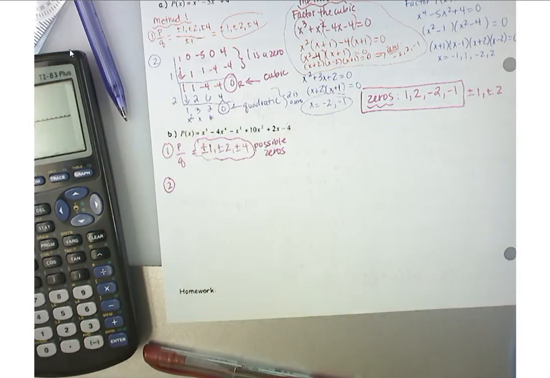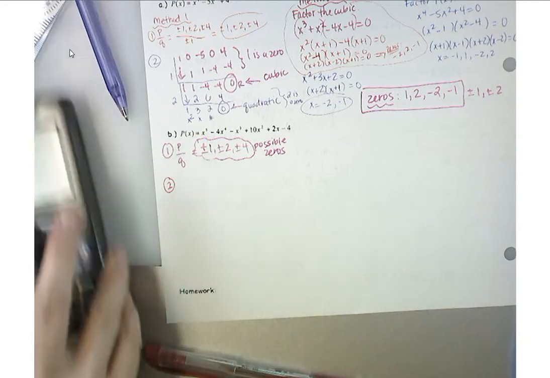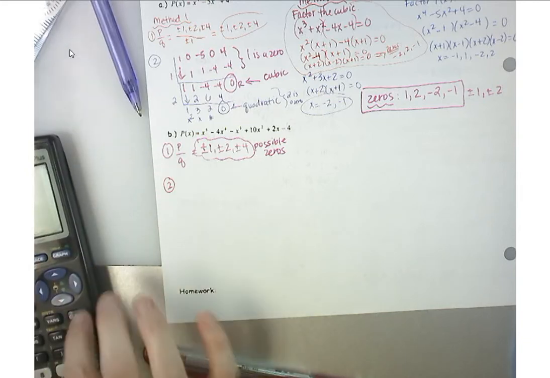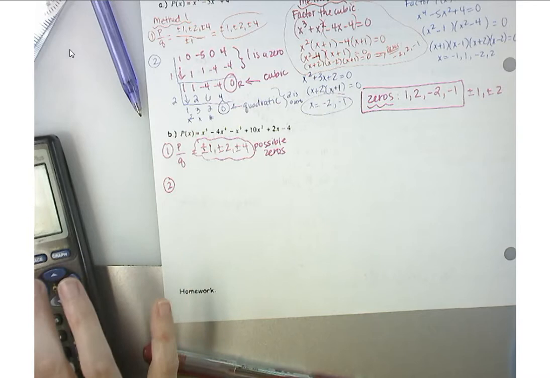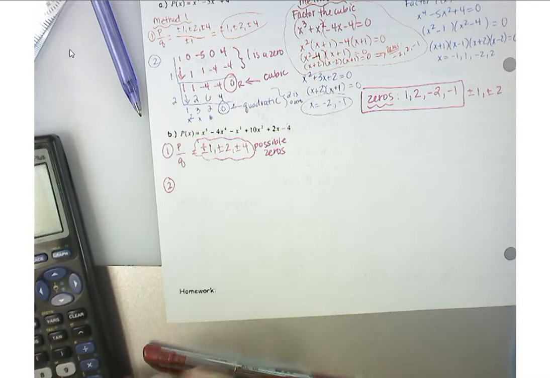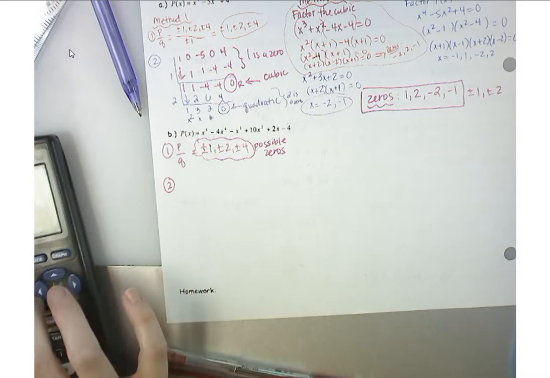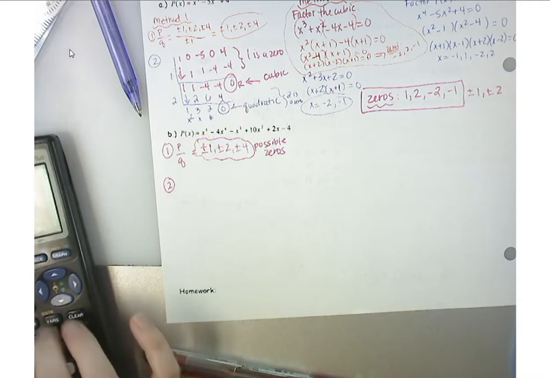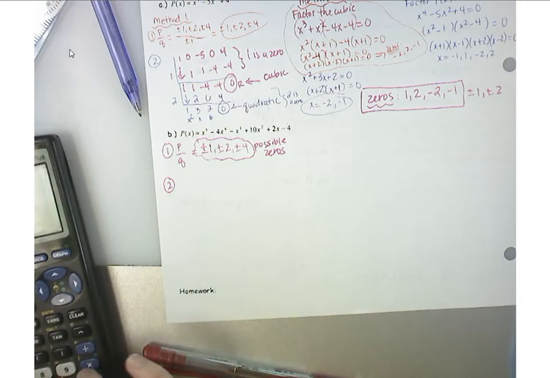Right, so then we're going to graph it in order to make some intelligent decisions for how we're going to test these. And then I'm also going to see if you remember some things from your Algebra 2 days.